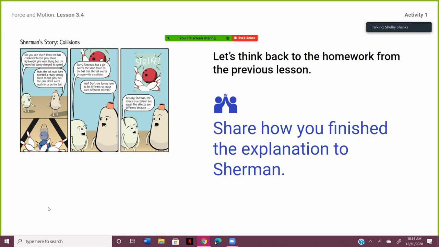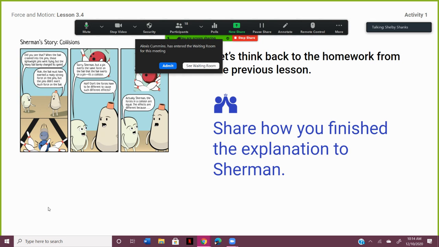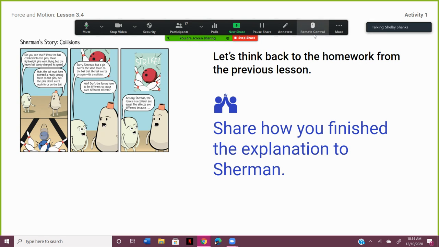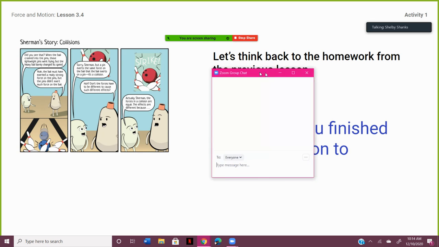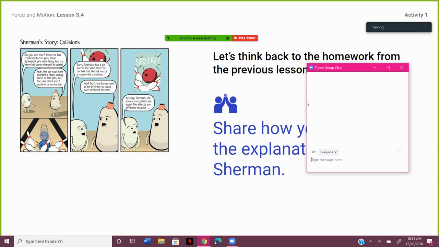He said, huh? Don't the forces have to be different to cause such different effects? And then it says, actually, Sherman, the forces in a collision are equal. The effects are different because. All right, I want you guys to finish that sentence. Let me know what you guys put in the chat. So how did you finish that sentence?